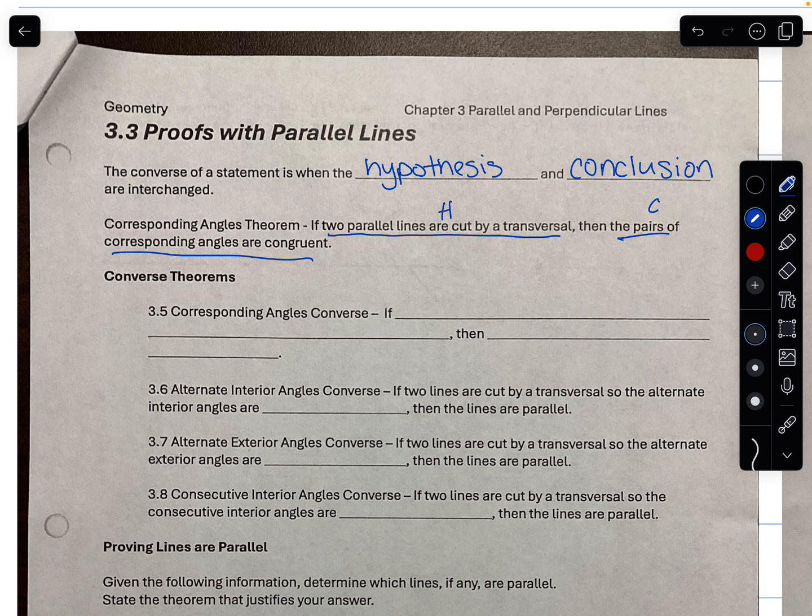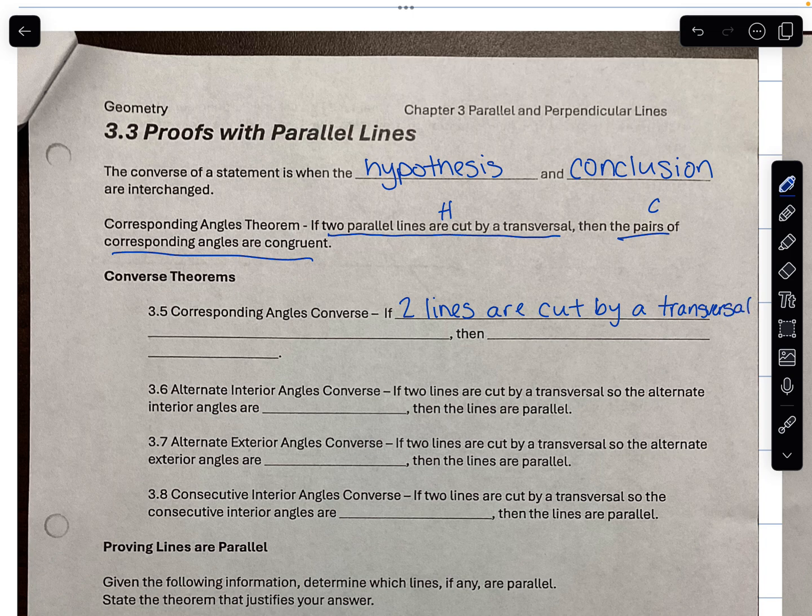So our corresponding angles converse says if two lines are cut by a transversal, so the corresponding angles are congruent, I'll abbreviate a little bit, then the lines are parallel.